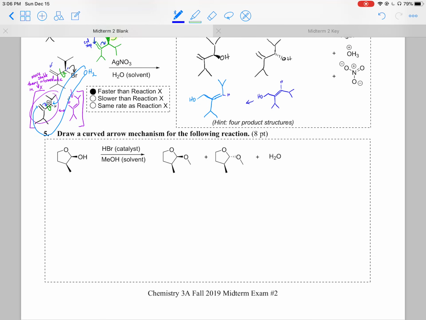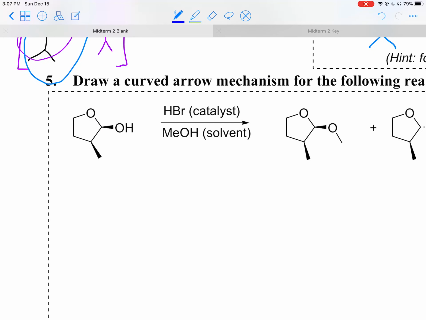Last question on this page says draw a curved arrow mechanism for the following reaction. And so we have hydrobromic acid as our catalyst. That lets us know that we are going to use it to make the reaction go faster, and we're going to get it back at the end.